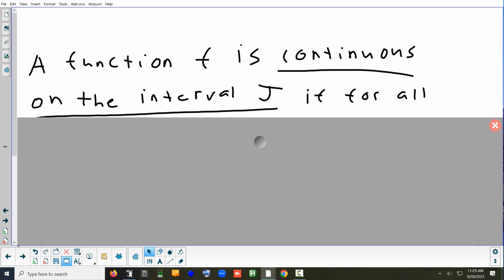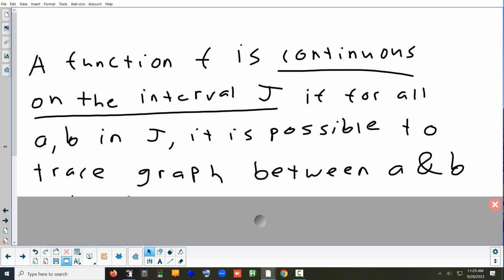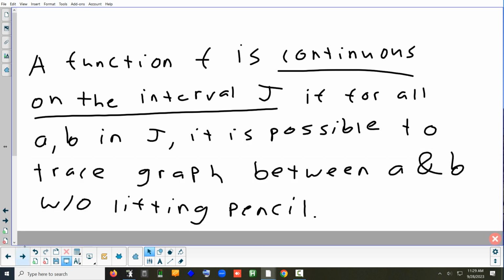So what does it mean more formally? I mean, you can say you don't lift your pencil, but that's not really a math definition. So if you want to describe what it means to be continuous a little bit more formally, you can describe it on an interval.